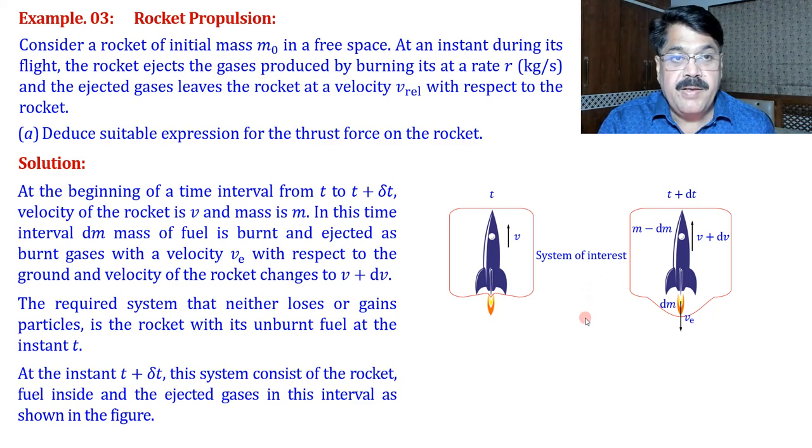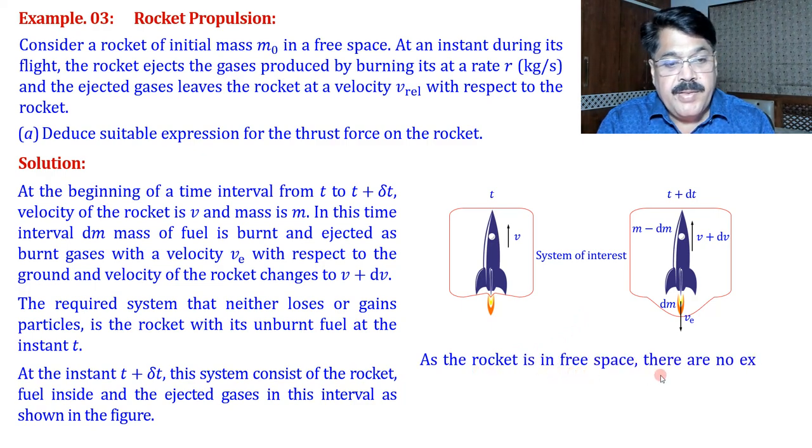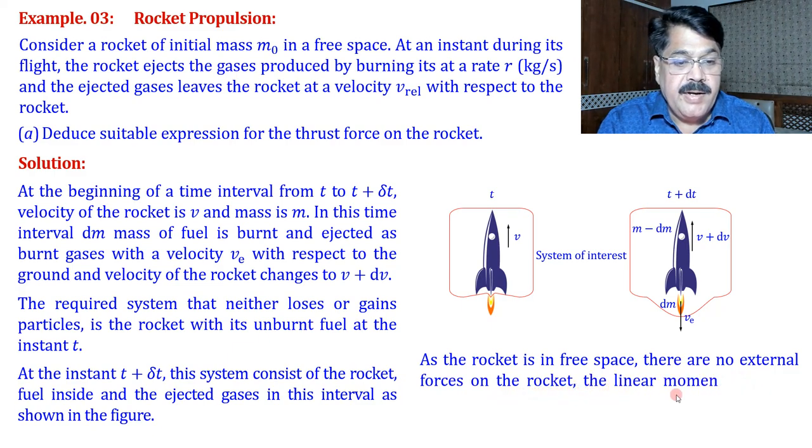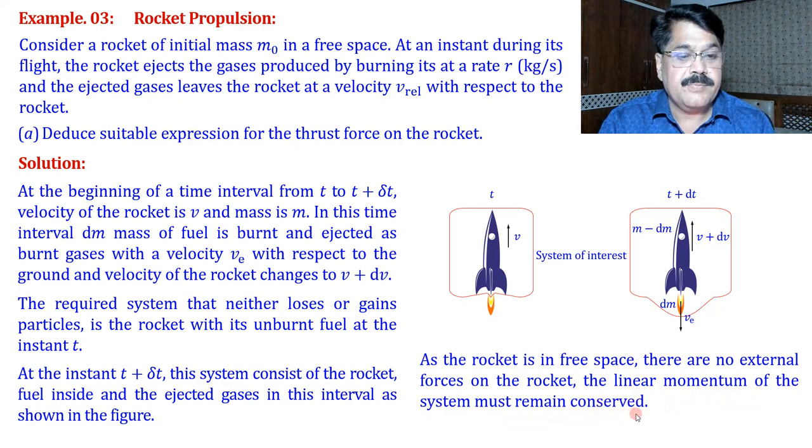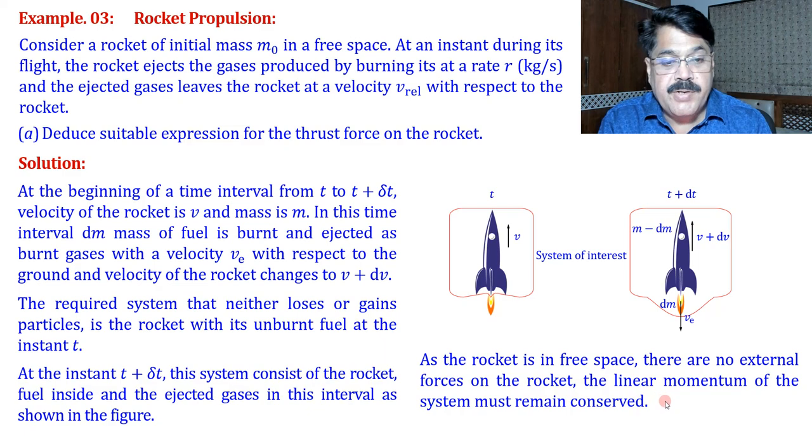So we apply conservation of momentum. As the rocket is in free space, there are no external forces on it, so the linear momentum of the system must remain conserved. Let us see how we can write the momentum conservation equation.